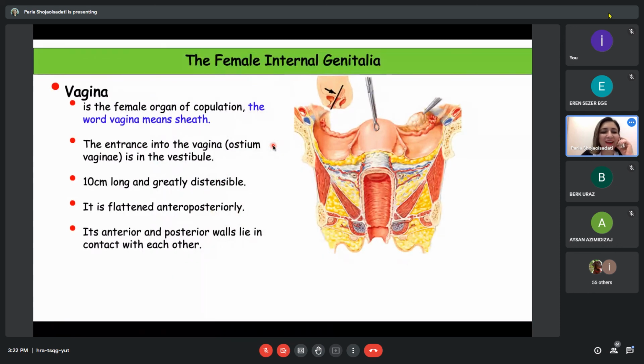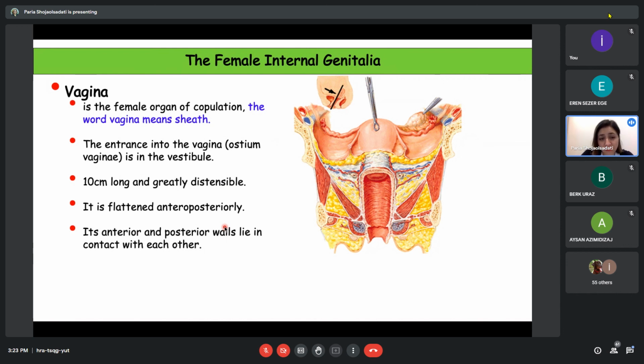Excuse me again. The last part of the internal organs is the vagina, the female organ of copulation. The word vagina means a sheath. In reality, it is a sheath of mucosa. In normal condition, it's 10 centimeters long and greatly distensible.